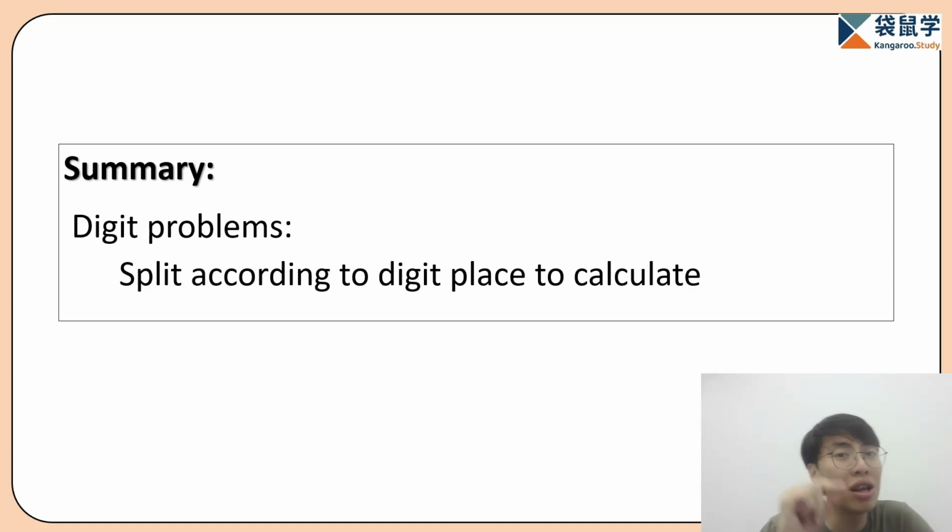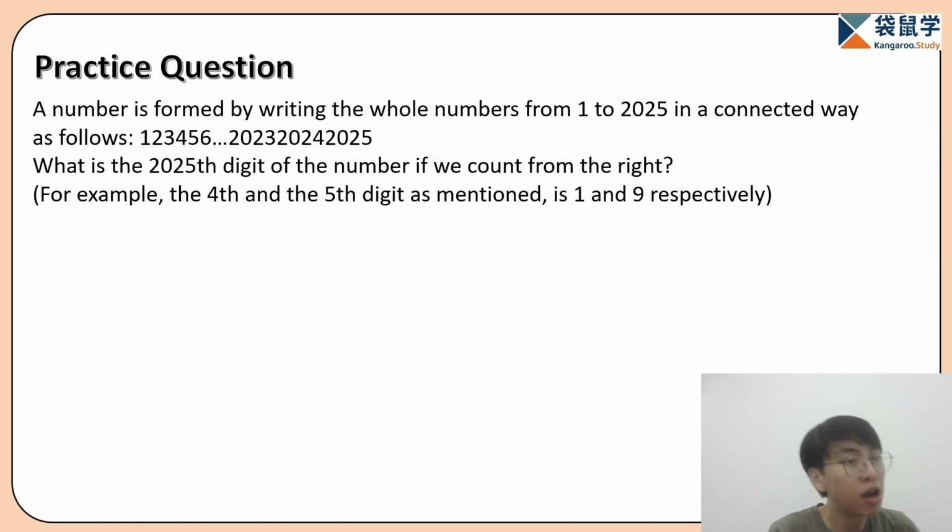And some of you realize, actually for this page number problems, sometimes they will ask you to add up all of those digits. And that is another type of question where we will do in the future. So remember, the next time we see these problems, do not be scared, and we try to solve those problems one by one.